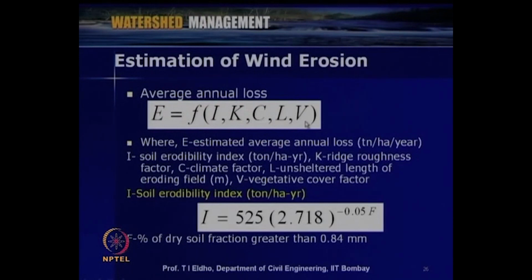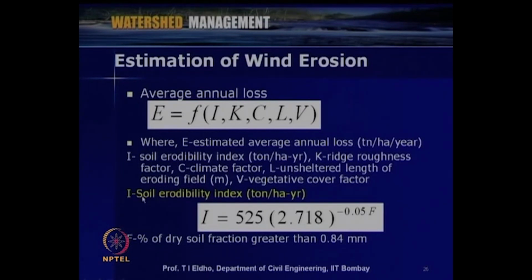As we have seen for water erosion, for wind erosion also we can estimate the loss using various equations available in literature. The average annual loss can be represented as E is a function of I, K, C, L, V, where E is the estimated average annual loss in tons per hectare per year, I is the soil erodibility index, K is the ridge roughness factor, C is the climate factor, L is the unsheltered length of the eroding field, and V is the vegetative cover factor.